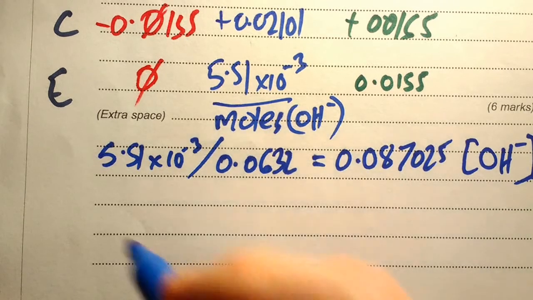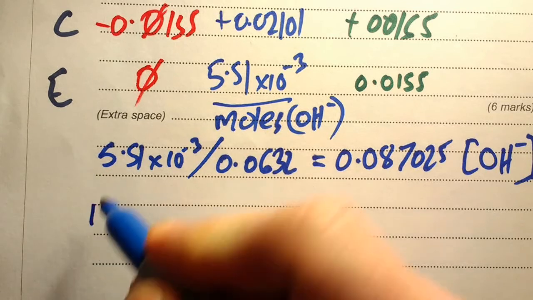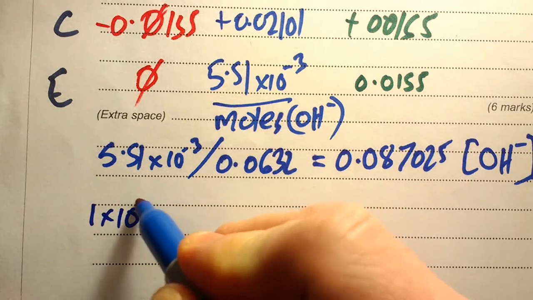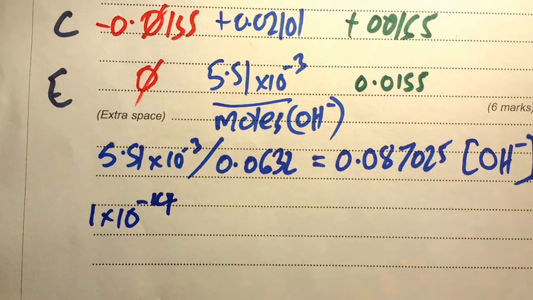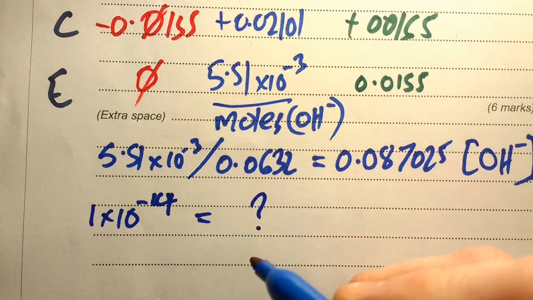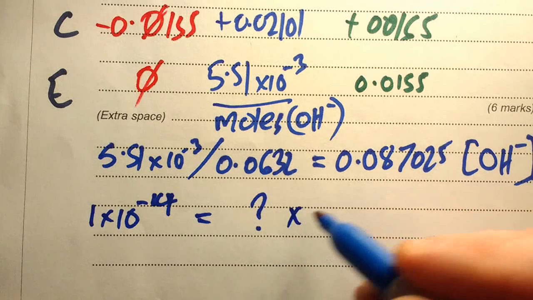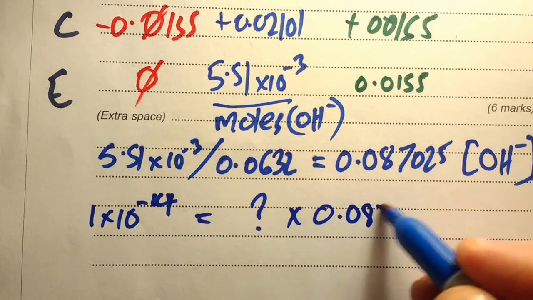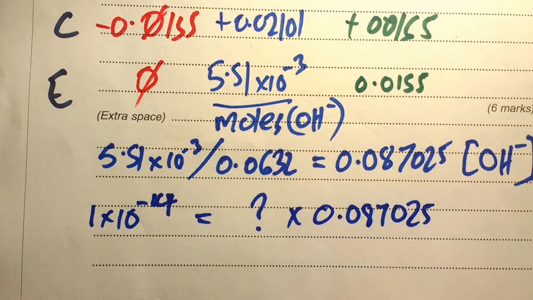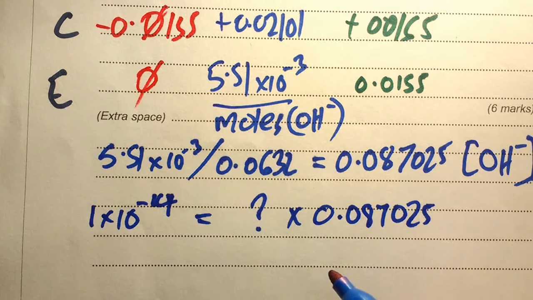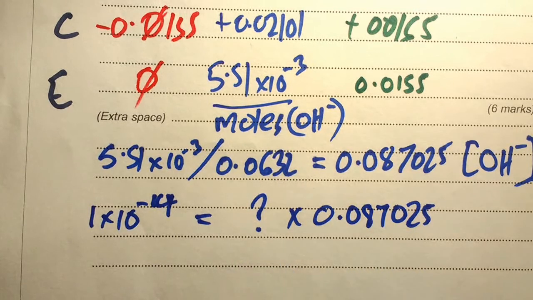We know that the ionic product of water is 1 times 10 to the minus 14. They give you that at the start. And we know that that's going to be equal to our unknown, which is the H plus ion concentration, times 0.087025. So by the time we've rearranged this, we should come out with our unknown, which will be the H plus ion concentration.